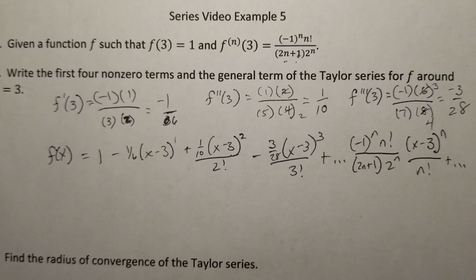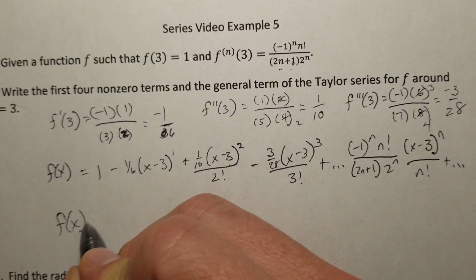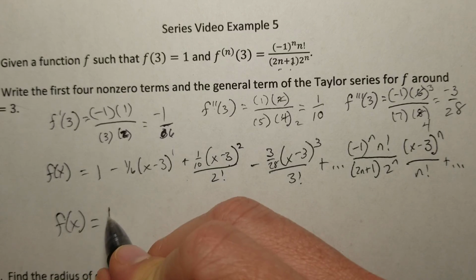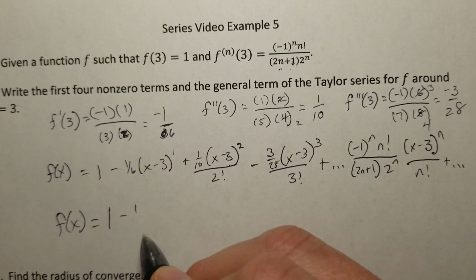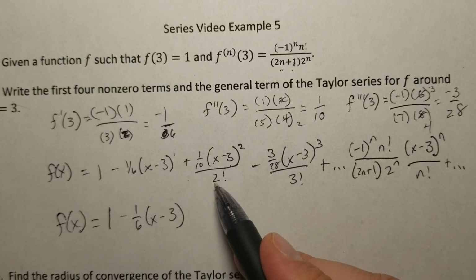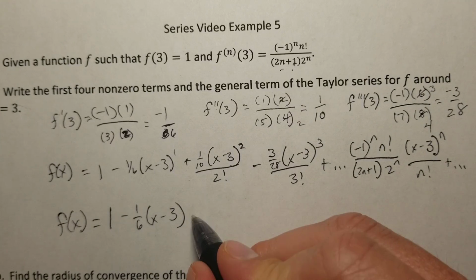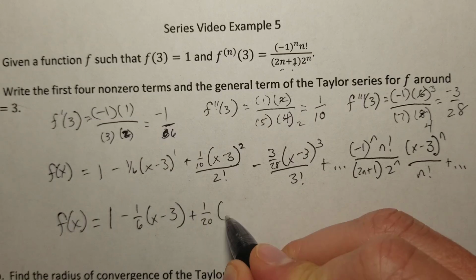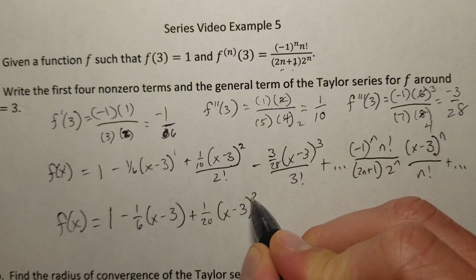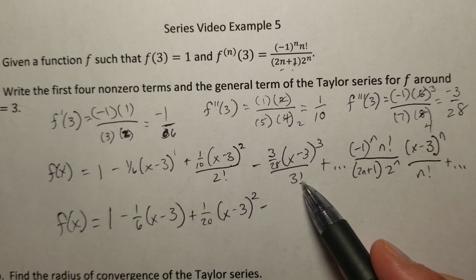I would probably go ahead and simplify this down a little bit. You could leave it there if you wanted to, but I'm just going to clean this up a little bit. We'll still end up with 1 minus 1/6 x minus 3 to the first. 2 factorial is 2 times the 10 in the denominator here will be 1/20 x minus 3 to the second, minus, this would be 6.